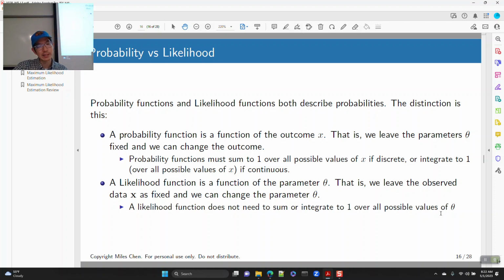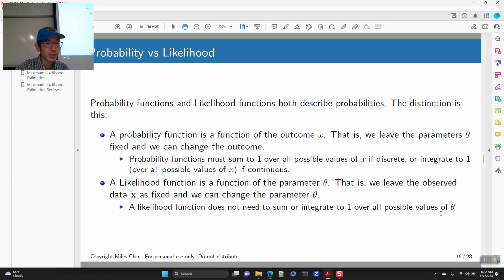What's the probability of getting the sequence of outcomes? And we multiply that. When you have a probability function, all of the different outputs have to sum to 1. The probabilities of all the different possible outcomes of x have to sum to 1. Or if it's continuous, the integral over all possible values of x has to integrate to 1.